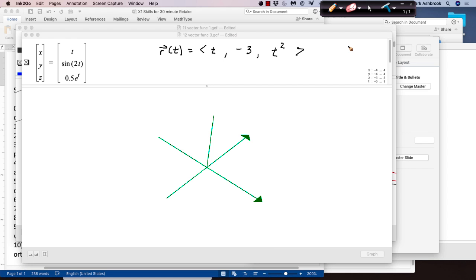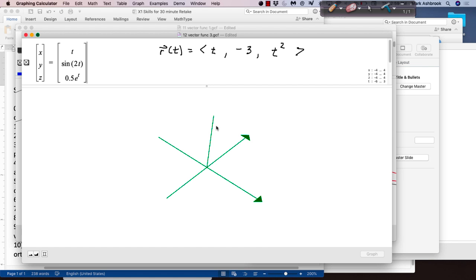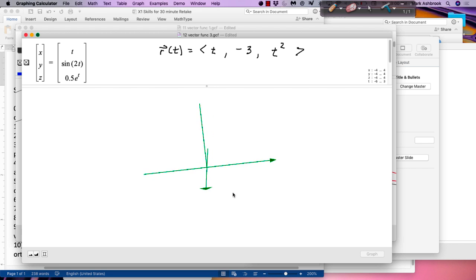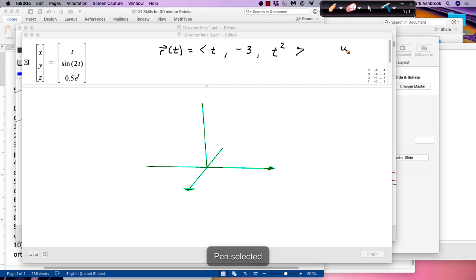So right away, we got a big clue about what's going on with this one. What can we say right away? And what will that mean if y is equal to -3? How would that graph in space? Y equals -3. All those points are going to be parallel with the x-axis at y equals -3.